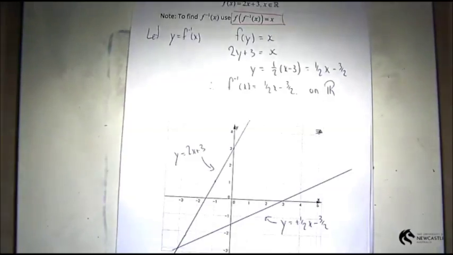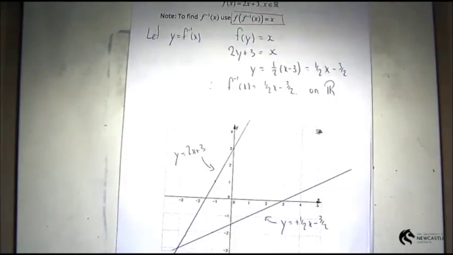It goes through there. 2 to the 1 is 2. 2 squared is 4. So that's our graph of our exponential function sitting there. That's y is equal to 2 to the x. And of course, that gets steeper and steeper as we go.